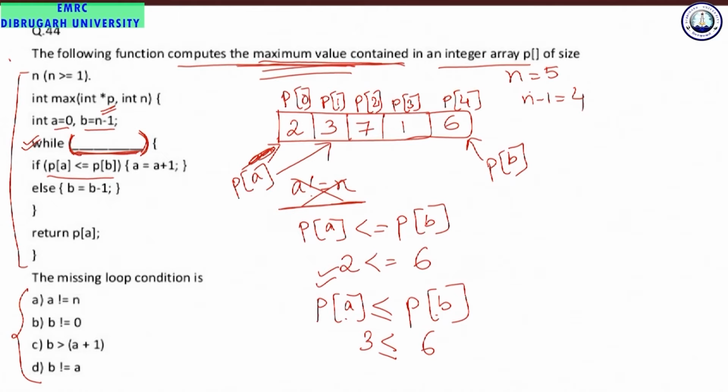then only, when the pointer p of a and the pointer p of b do not point to the same location, as now this one is pointing to this location and that one is pointing to that location, you can compare them, and you can see every time you will compare either these two.